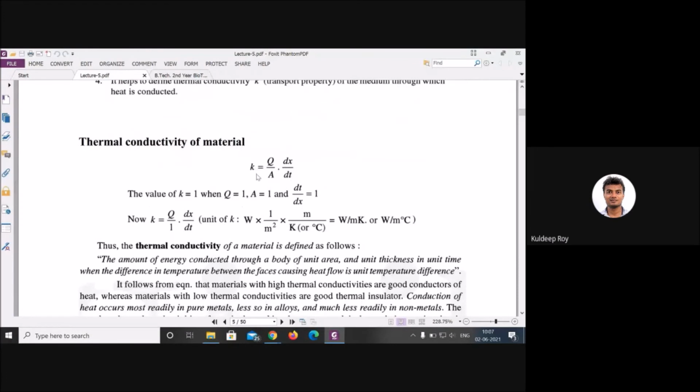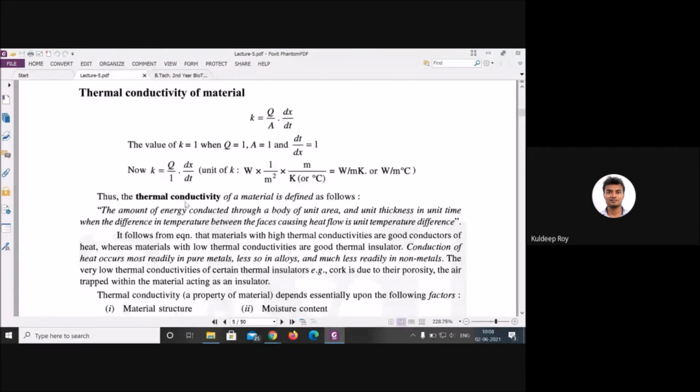Now we will move ahead and talk about thermal conductivity. First, the unit. K is equal to Q by A times delta X by delta T. You put all these together and you get watt per meter Kelvin, or watt per meter degree centigrade. This is the unit. And what is the definition?